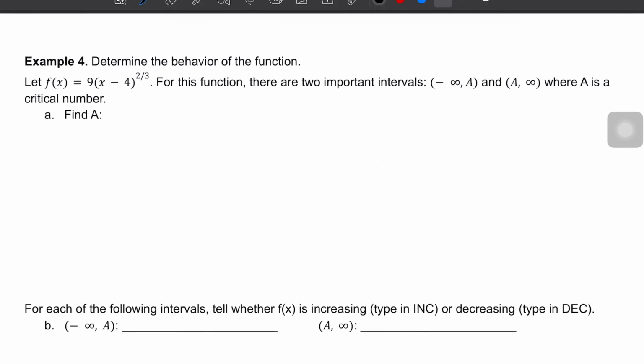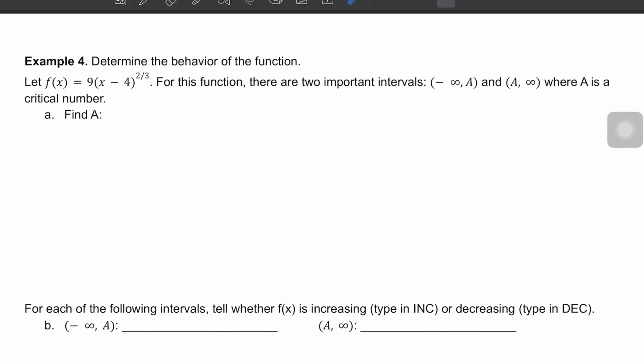So let's begin. This is very similar to example number 3, except for the type of function that we have. But the process is very similar, right? So let's begin by finding the critical numbers. In this example, they kind of give us that we're going to be able to separate into two intervals. We don't have to know that in order for us to do this problem.